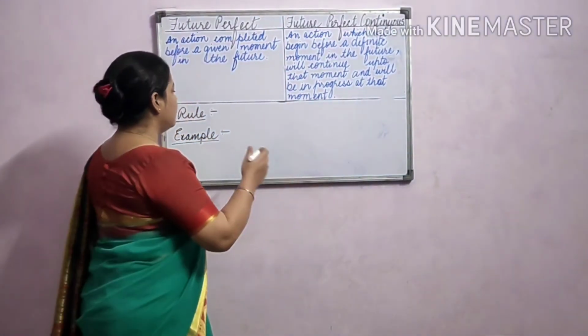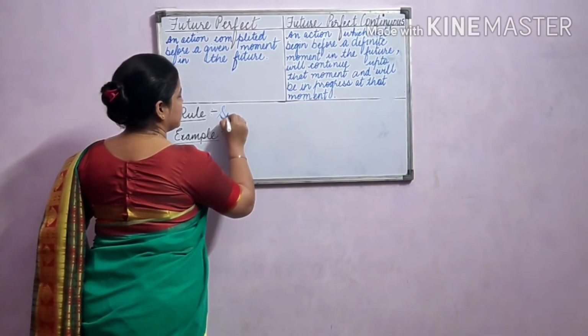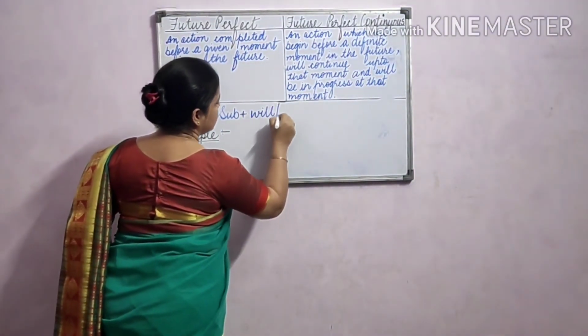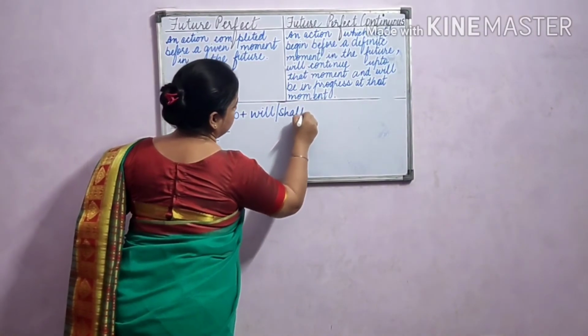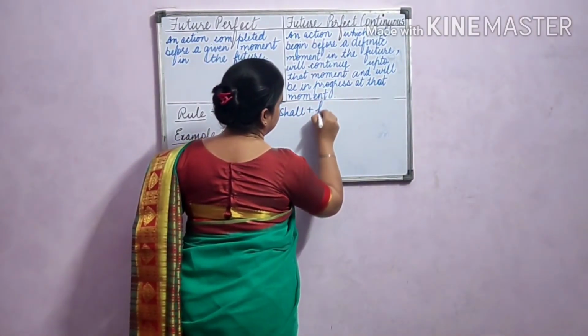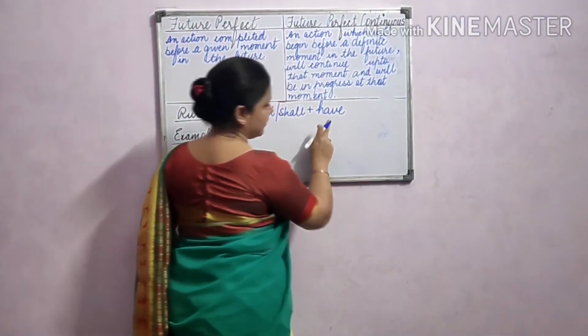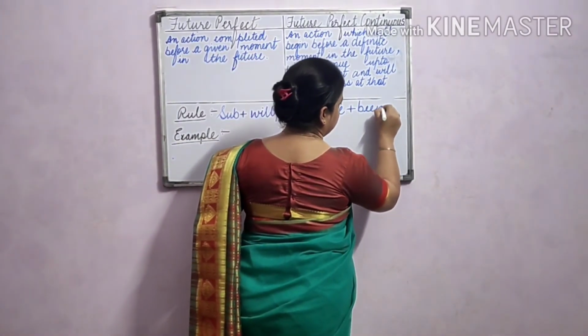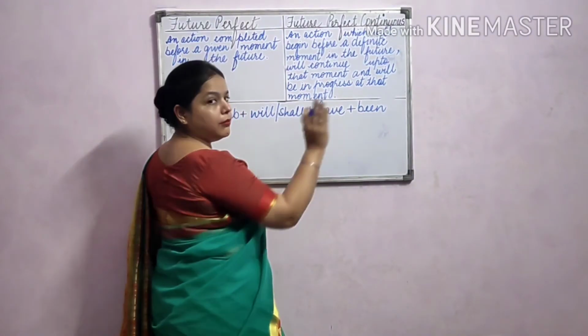Okay. So the rule of this tense is subject, then will, shall, then have is must, mandatory, been.